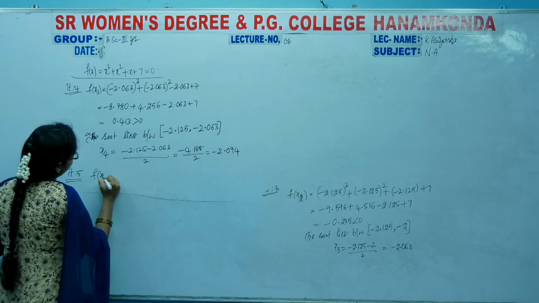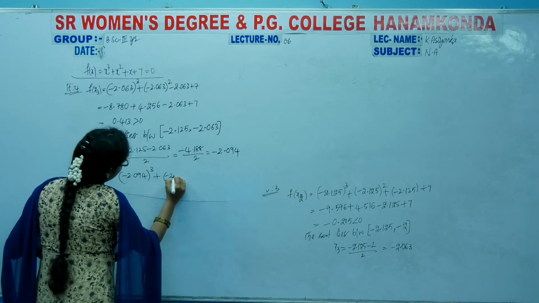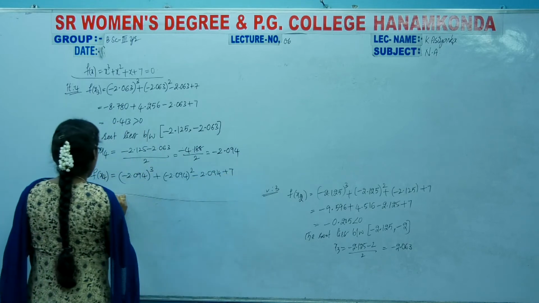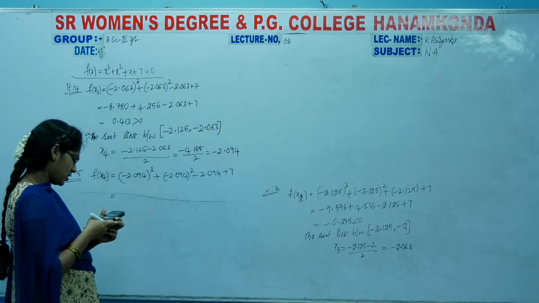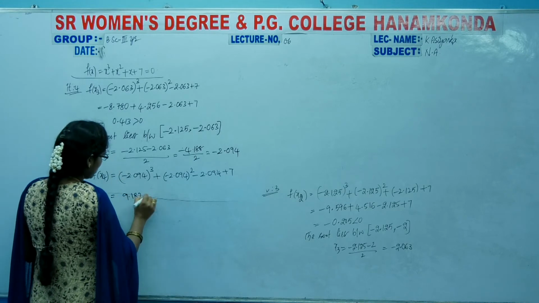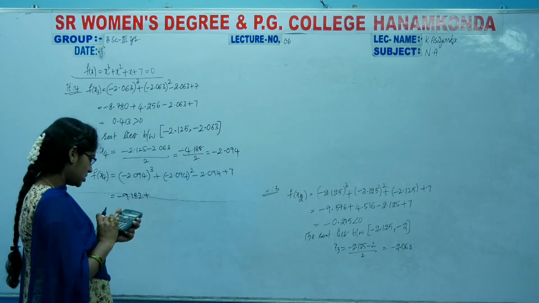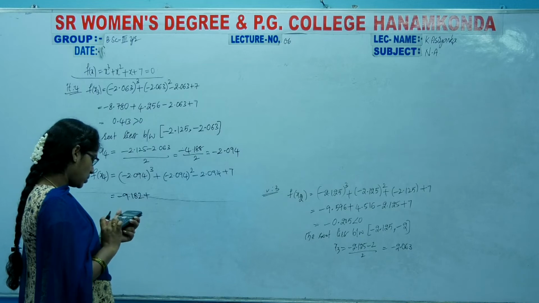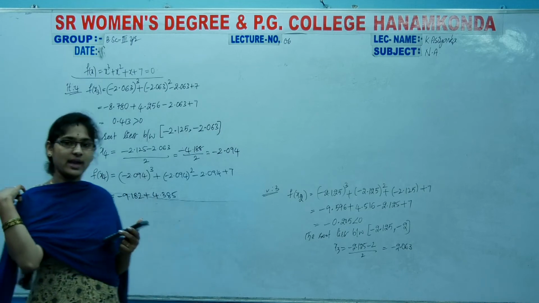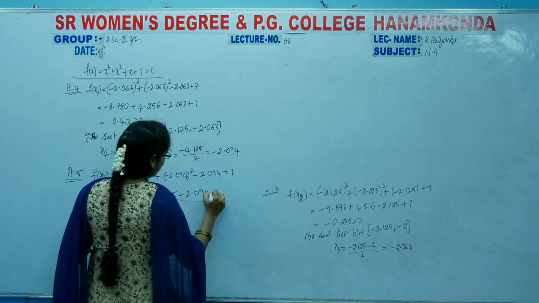Now f of x4 equals (minus 2.094) whole cube plus (minus 2.094) whole square minus 2.094 plus 7. Now first, whole cube, it is 9.18, so I am taking minus, and the next plus 2.094 whole square, it is 4.385. 4.3848 we have, up to 3 decimals I am taking 4.385, minus 2.094 plus 7.